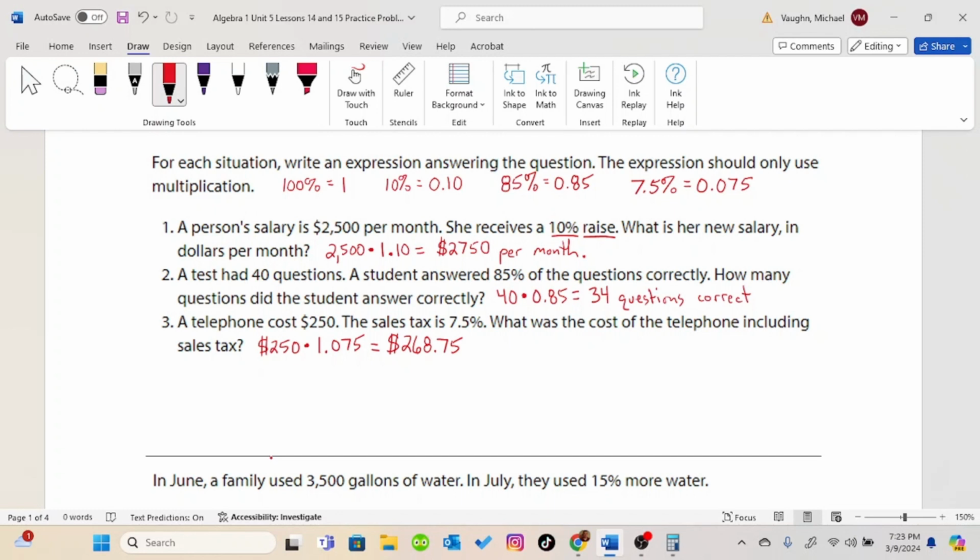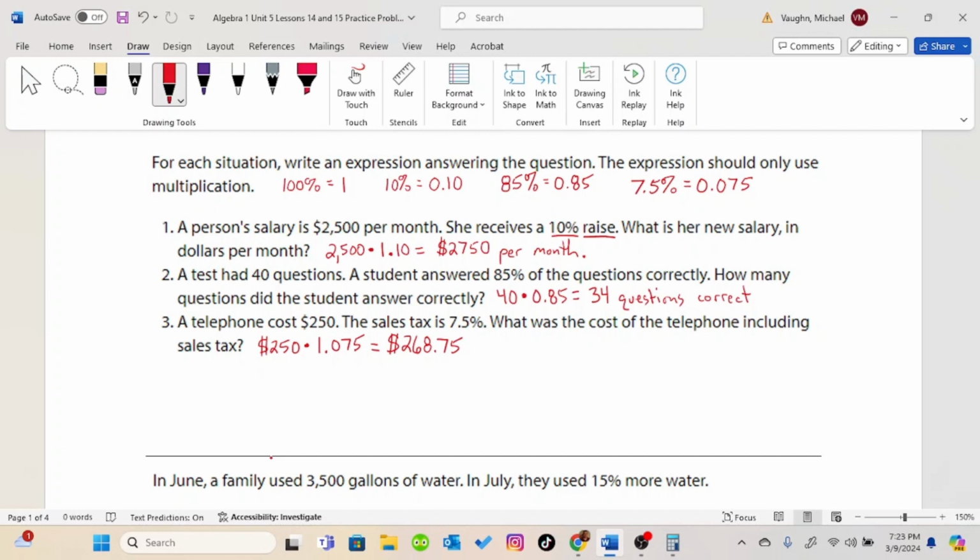One last thing you can always do is use logic to check your answer and see if it makes sense. If you know somebody is starting out making $2,500 per month and they're getting a raise, then your answer should be more than what you started with.